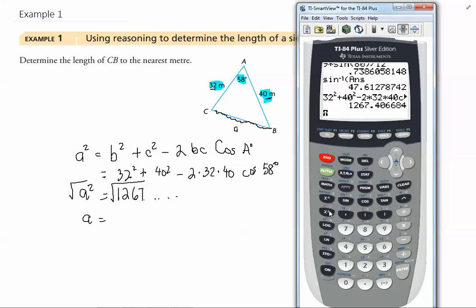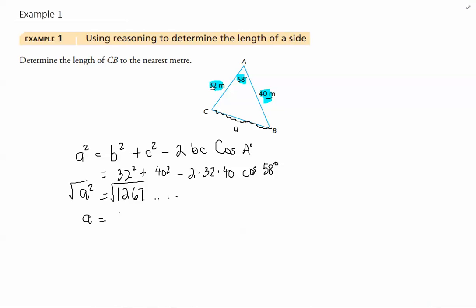So we go second and square root, second and answer, press enter, and we come up with 35.6. So a is equal to 35.6 meters, because the other two sides are in meters. And notice it says to the nearest meter. So we're going to take this and round it to 36 meters. So CB is 36 meters.